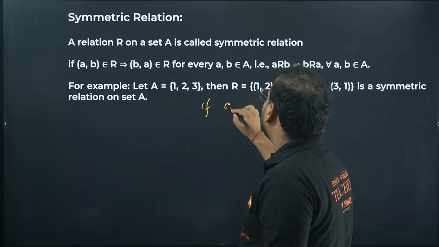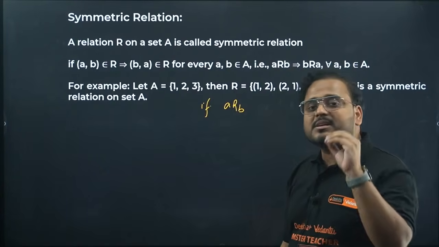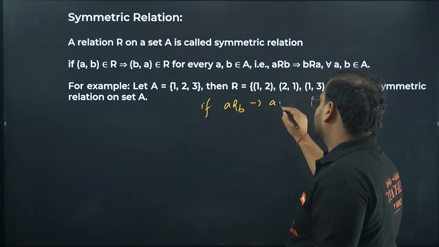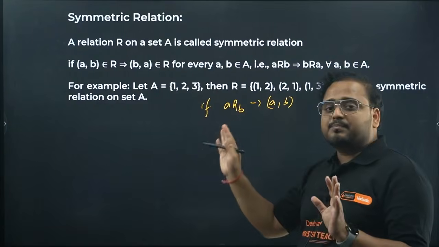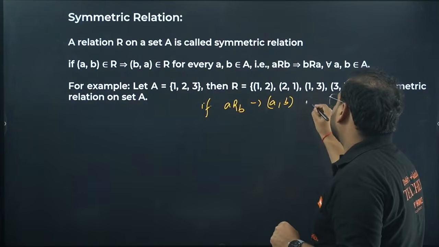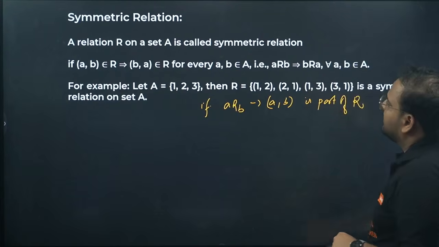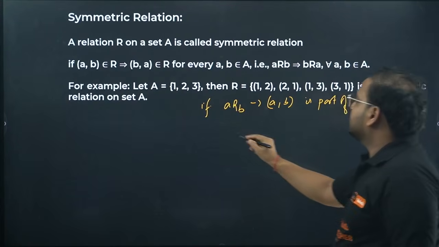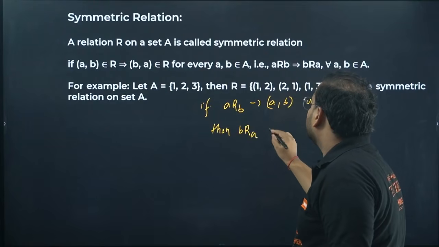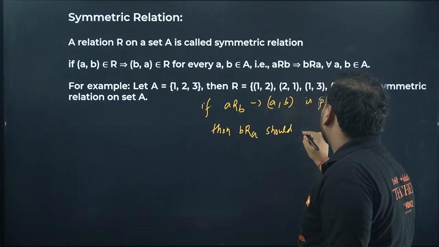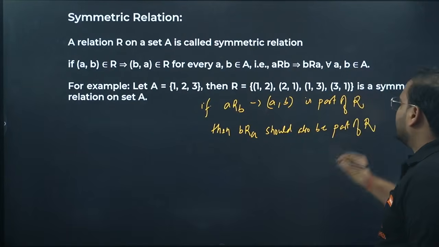If ARB is true. What's the meaning of ARB? ARB represents an ordered pair, sorry, not a set. So the statement is very simple: if ARB is part of relation R, then BRA should also be part of R. What is the meaning of BRA?